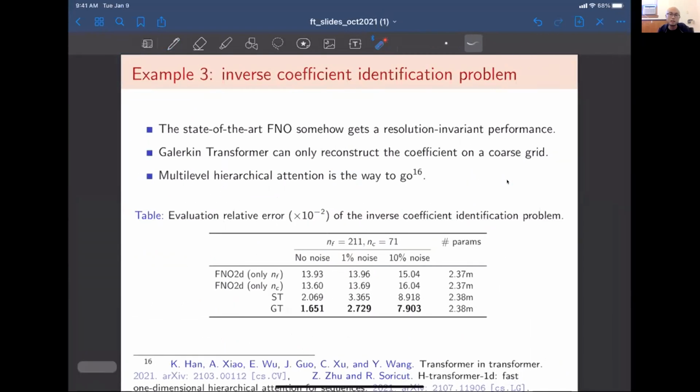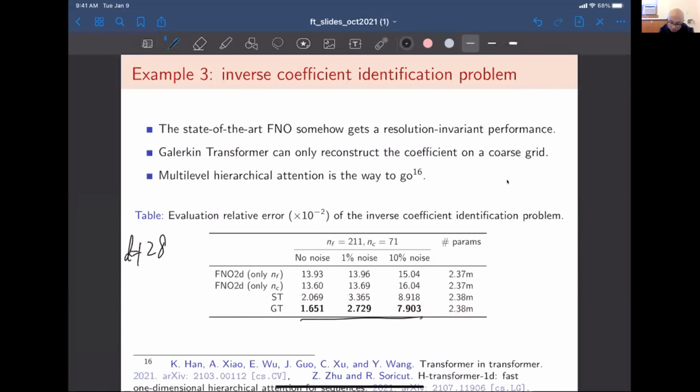This time our target is not smooth, so we remove the Fourier layer as a smoother. We only use the Galerkin transformer encoder, and we stack 10 of them with D equals 128. This is the result.